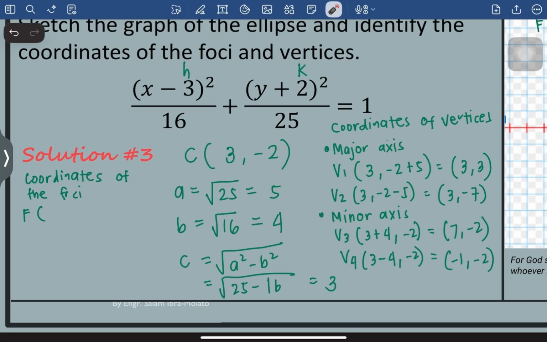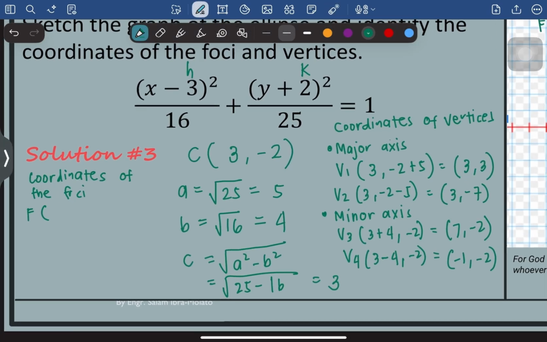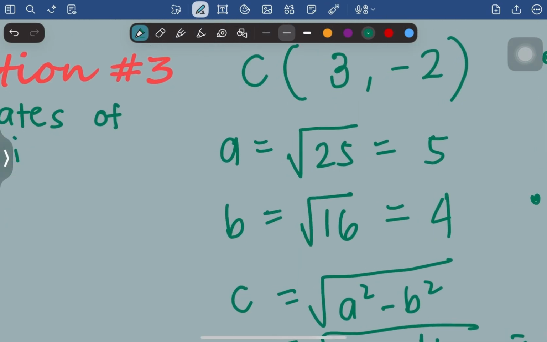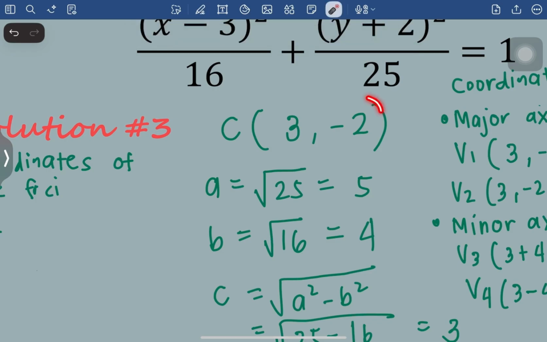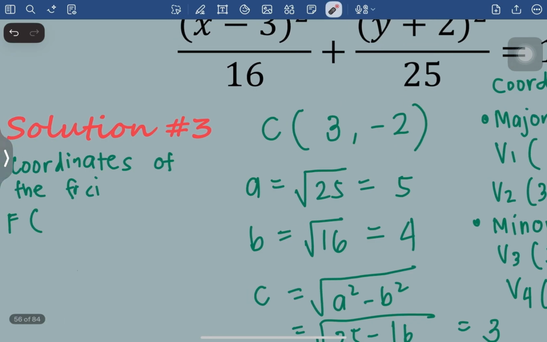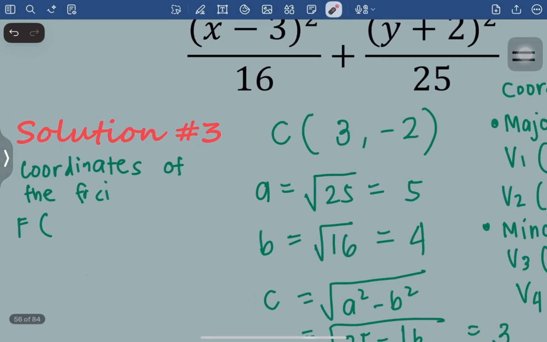So you will add 3 to the y-coordinate of the center, since the center has negative 2 y-coordinate.